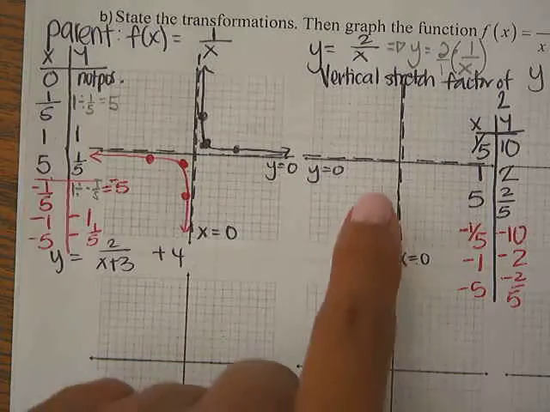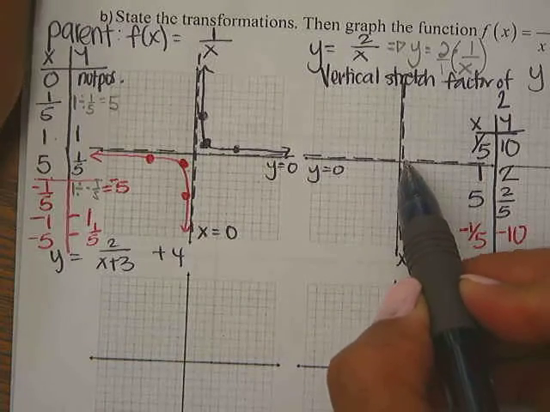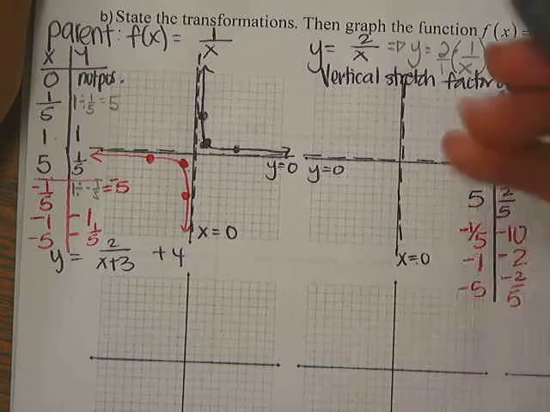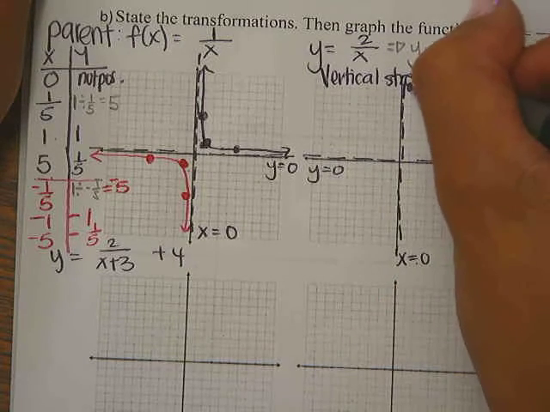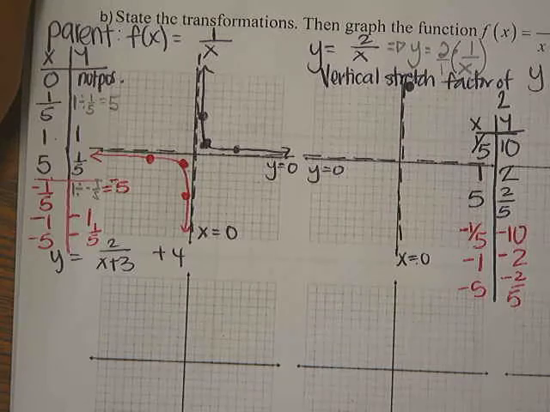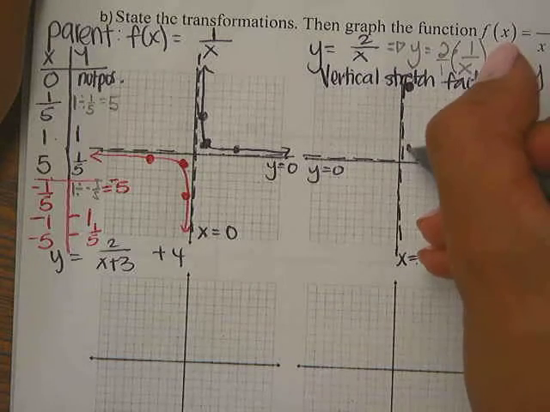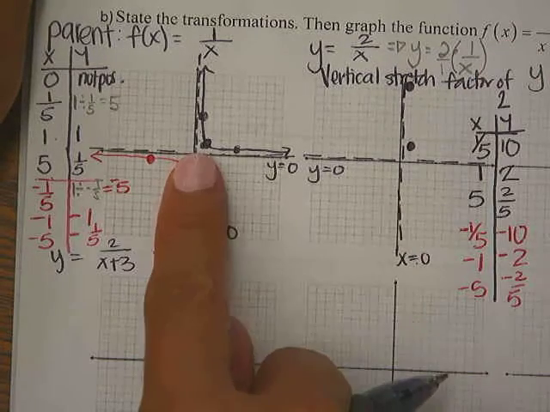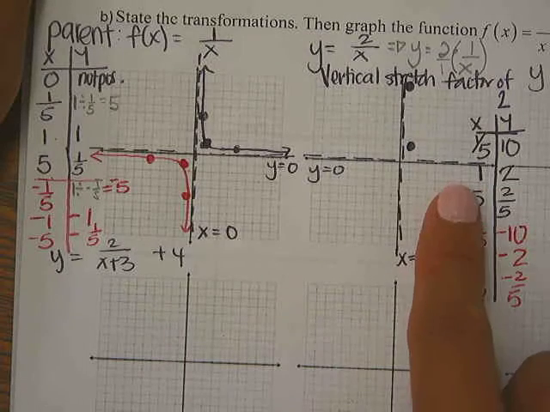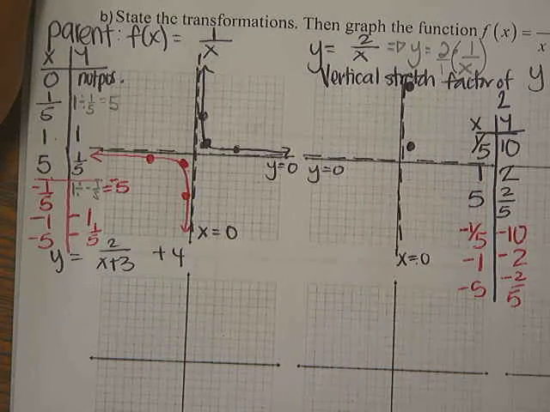So let's plot your dots. When x is 1/5, which is between 0 and 1, I'm going to go to 10. See how the difference, that dot is now up further? When x is 1, I'm actually going to go to 2. See that dot is now twice as much versus over here. When x is 5, I'm going to 2/5.